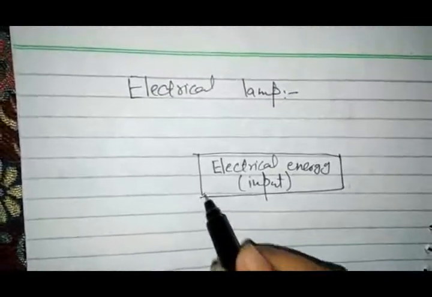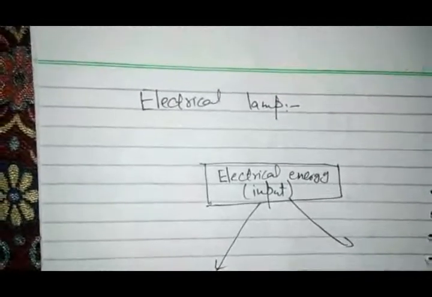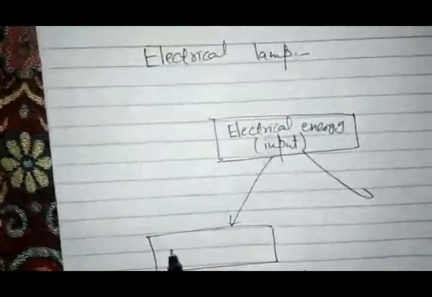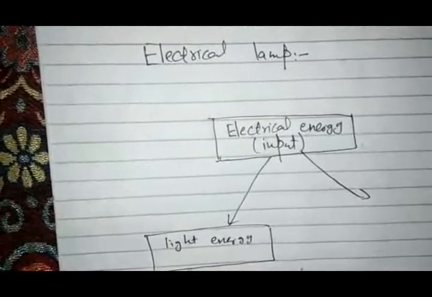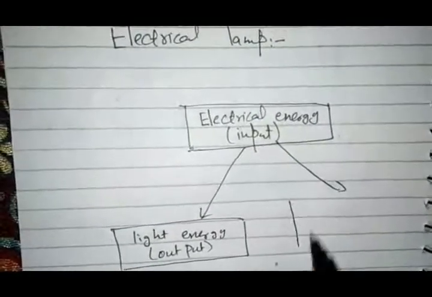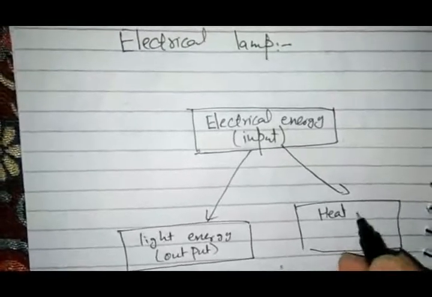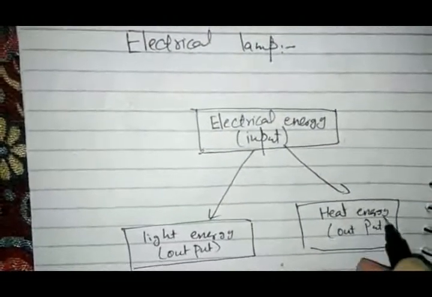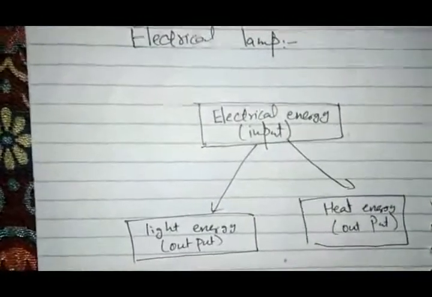Electrical lamp has electrical energy as input, and it gives us light energy as output and heat energy as output. This is the flow diagram of electrical lamp as energy converter.